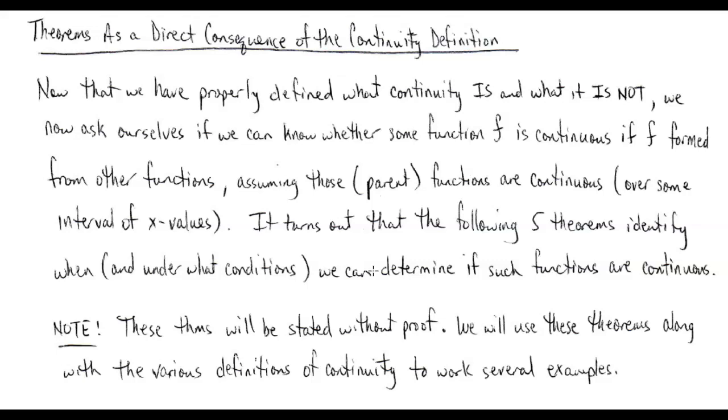Now, it turns out that the following 5 theorems that I'm going to state here identify when and under what conditions we can determine if such functions are continuous, meaning the new functions that we are creating from old functions.